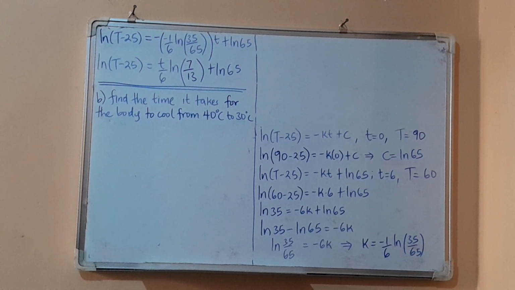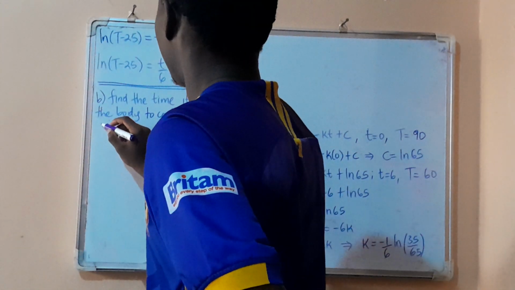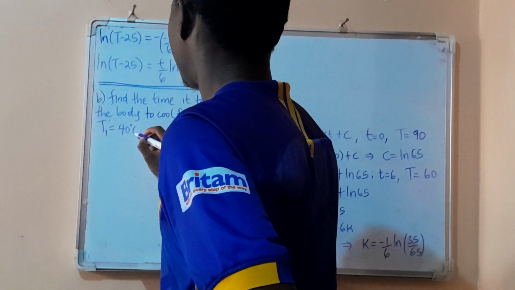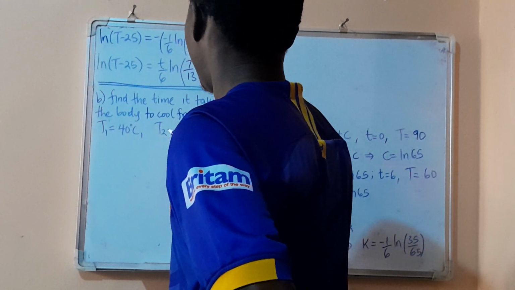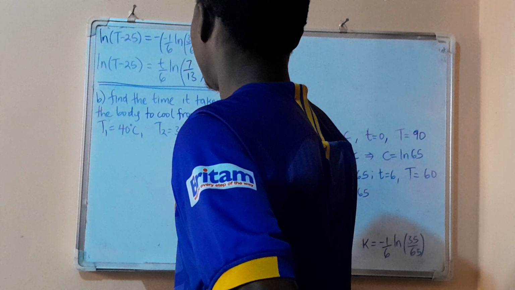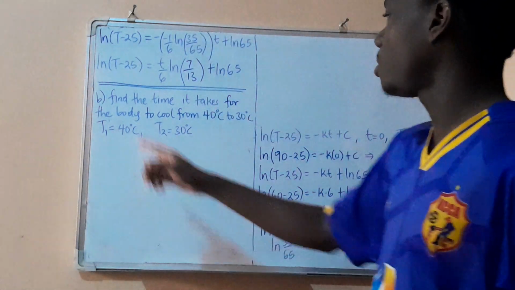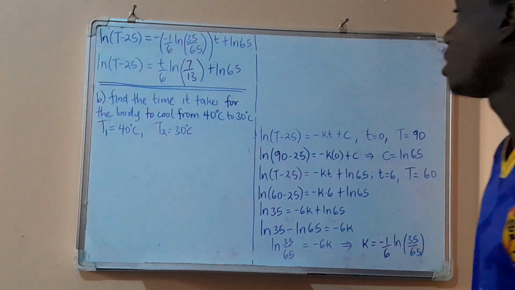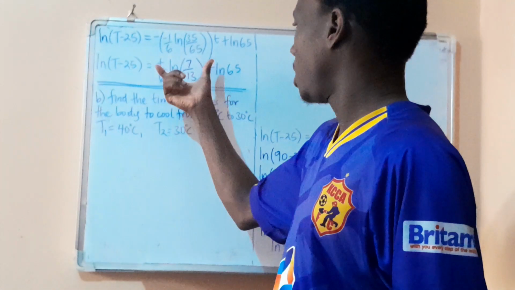So what do we observe about that part B? We have T1 as 40 degrees Celsius. Also have T2 as 30 degrees Celsius. So we are going to get the time corresponding to this and also the time corresponding to that. We subtract. We are going to substitute here.